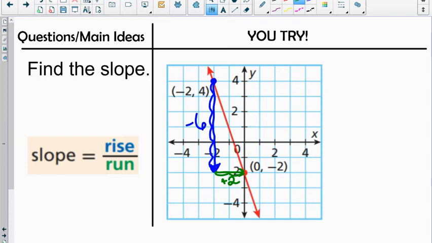So what is the slope in something like this? Using our slope formula and substituting in our values, the rise was -6, the run was +2. But we can simplify this. What is the slope when we simplify our fraction?